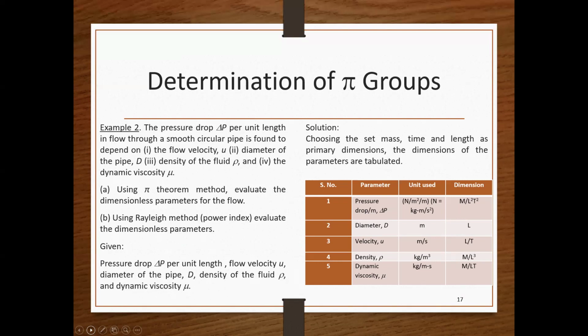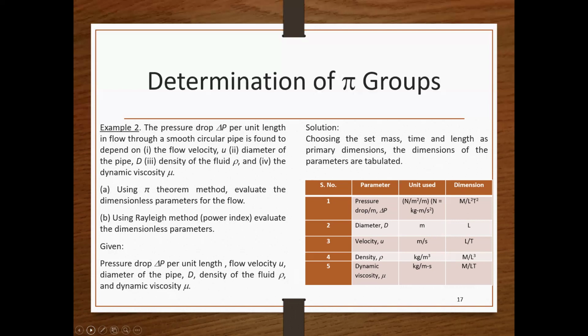Parameter pressure drop per meter, delta P, is Newton per meter squared, pressure drop divided by meter. Where N is equal to kilogram meter per second squared, so it becomes M over L squared T squared.